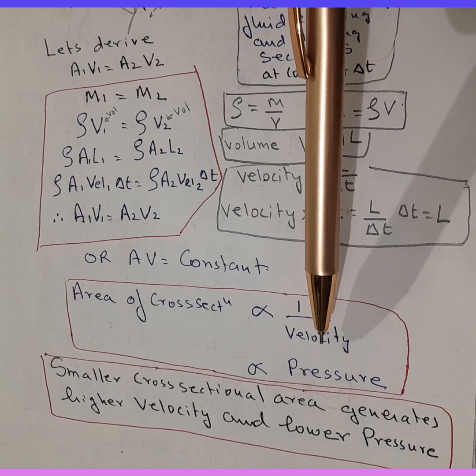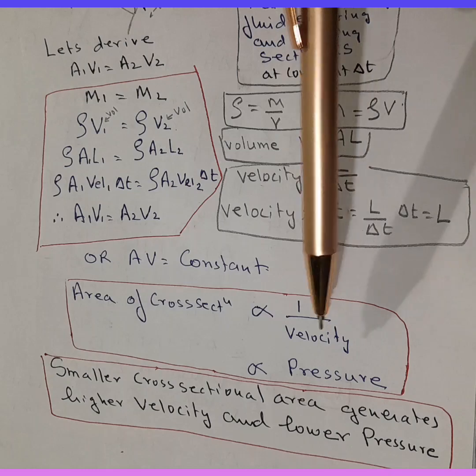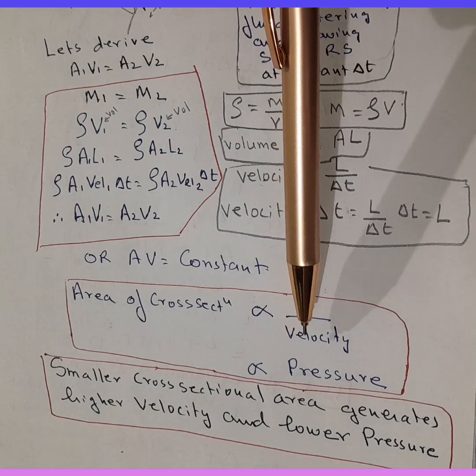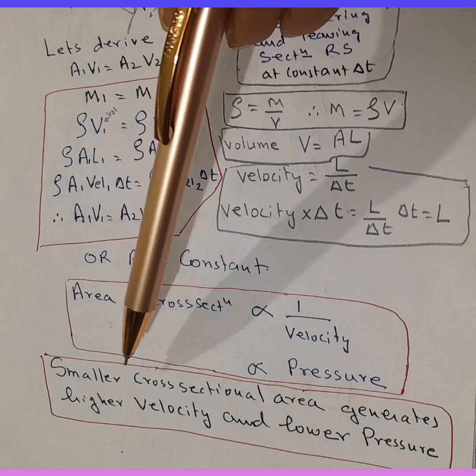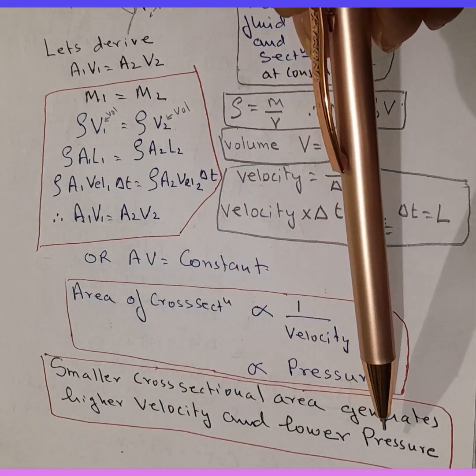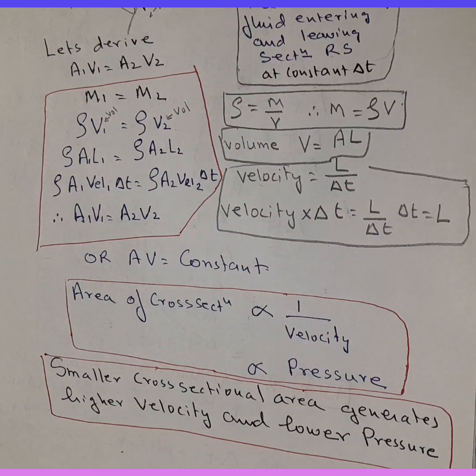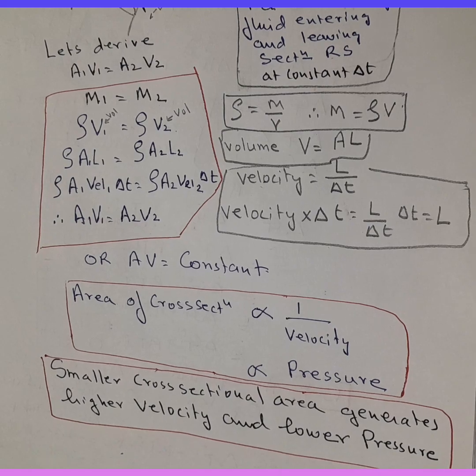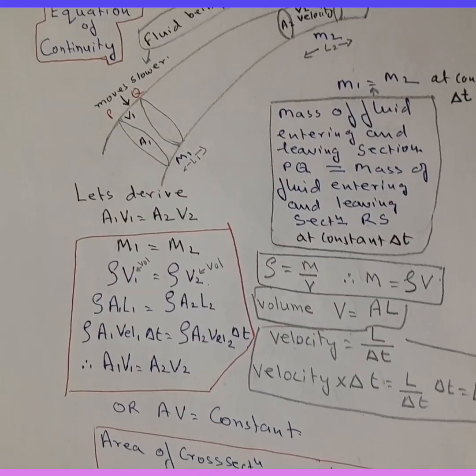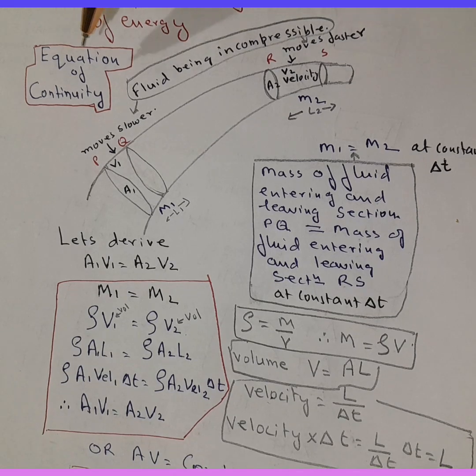So whenever the velocity of fluid flowing is very high, the pressure at that place would be very low. So smaller cross-sectional areas generate higher velocity and lower pressure. Application of this we would see shortly. So this is all about the equation of continuity.